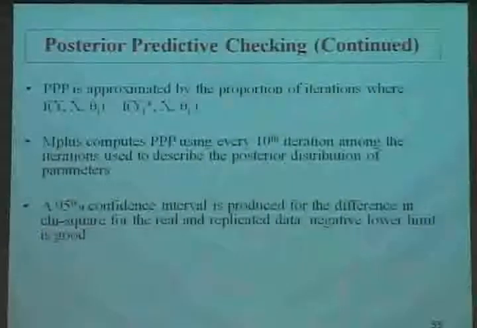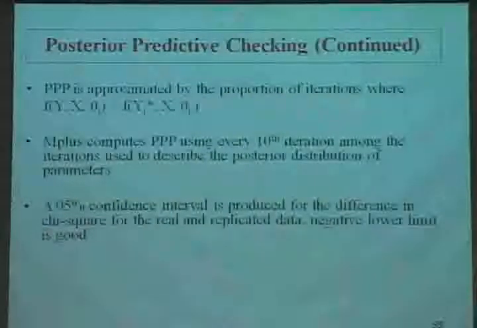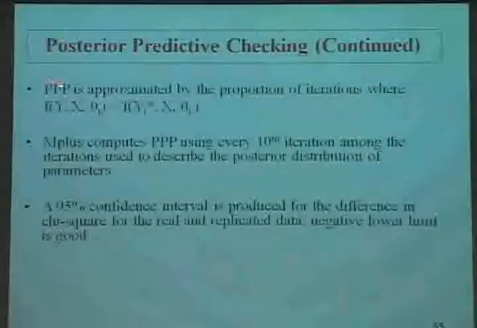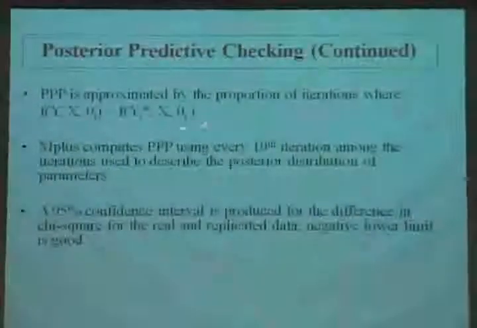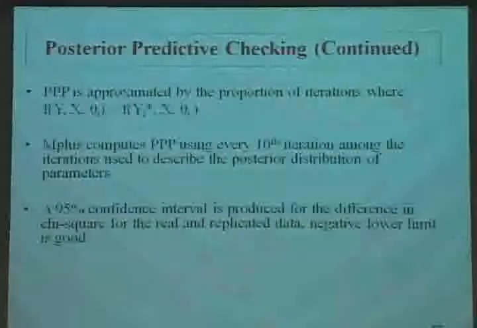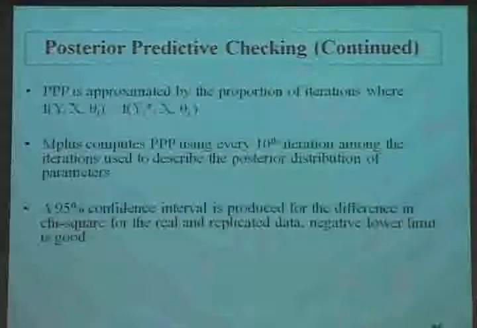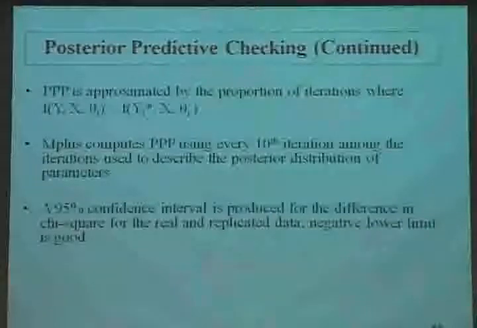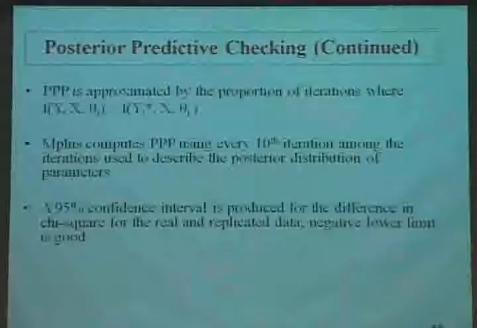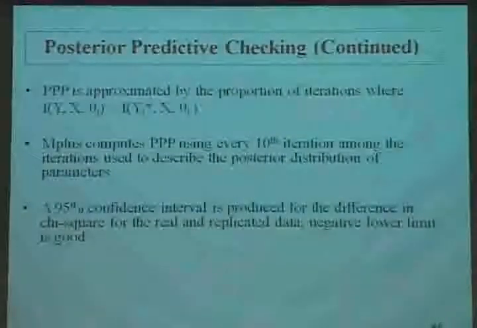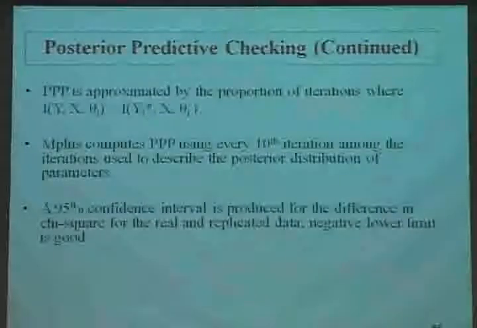Large values mean that the model doesn't fit the data, and small values mean that it fits the data. As we're running the MCMC sequence, every time we compute these two discrepancy values, and we count the number of times the observed data beat the simulated data. The proportion of times where that happens is the PPP value. The fact that the observed data beat the simulated data means that the observed data fit really well.